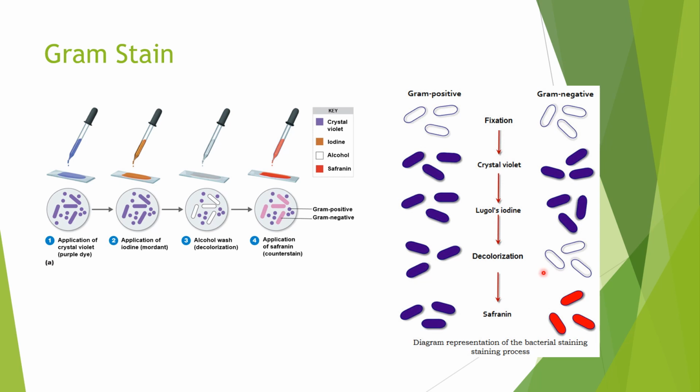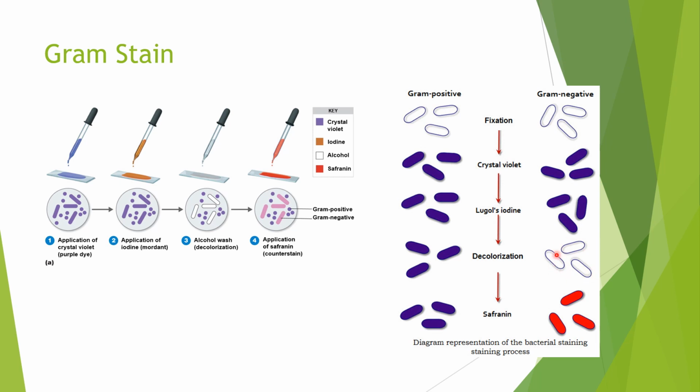If the bacteria has a thin layer of peptidoglycan, it's going to be washed off. Okay. So after that decolorizing step, the gram-positive bacteria are still going to look purple, while the gram-negative, because they lost the crystal violet, are going to be clear.